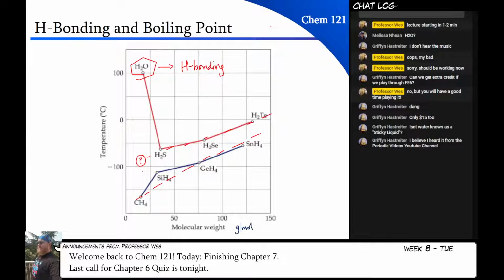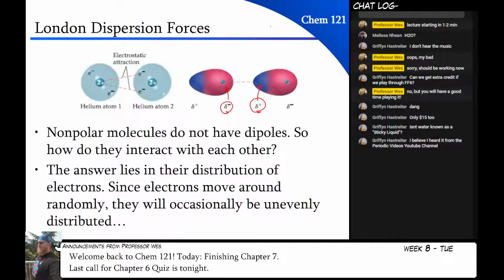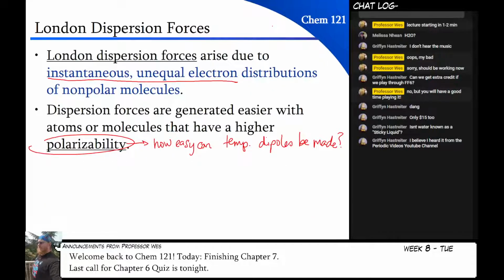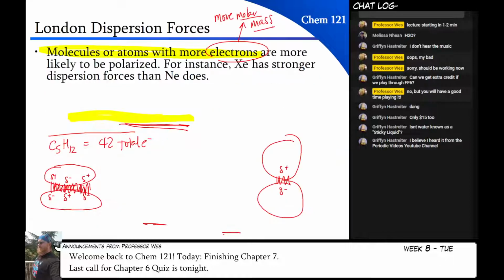GeH4 has even more, and so on and so forth. And so that's where the trend goes in this linear direction upward. Where we can say, as things get heavier in terms of their molar mass, the stronger the attractive forces between them. That's going to be really relevant to you in biology when you're talking about things like lipids and fats and stuff like that. Because this is how cell membranes hold themselves together, is they do it through dispersion forces.